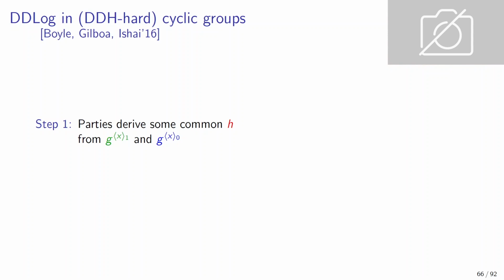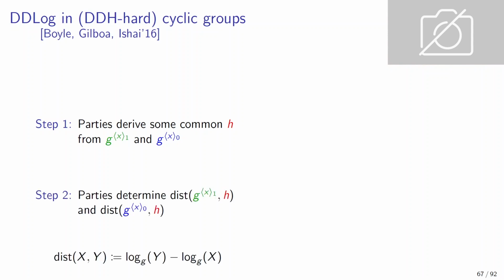Then, once they've agreed non-interactively on the same group element, they determine the distance from their group element to that common group element. By setting their shares to be the delta, they have shares of what's in the exponent.